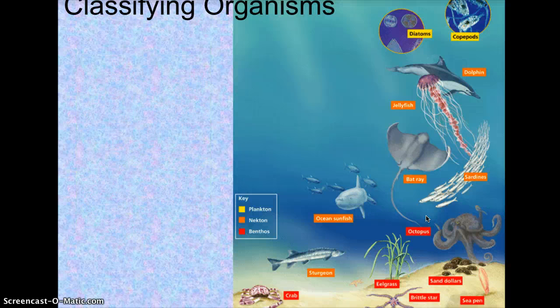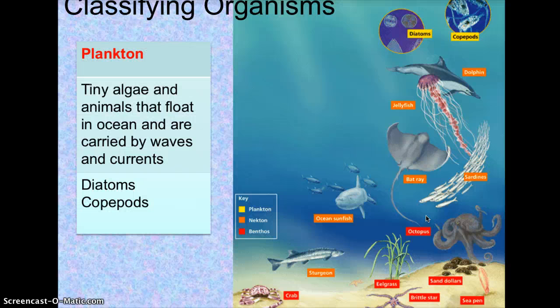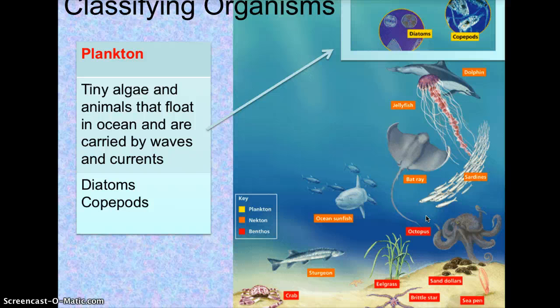Okay. So here we have a bunch of animals. Can you see if you can find where the plankton are? So remember, those are those tiny microscopic animals and plants that get moved by the current. So there they are. Okay, and the next group is called what? Good, nekton, and they swim about the column. Which one of these are nektons in this picture?